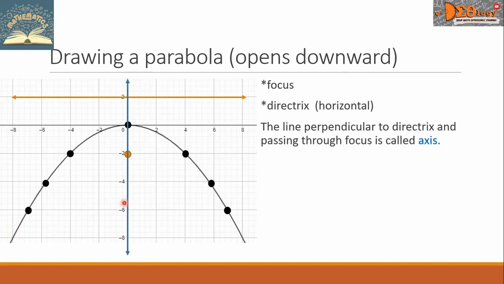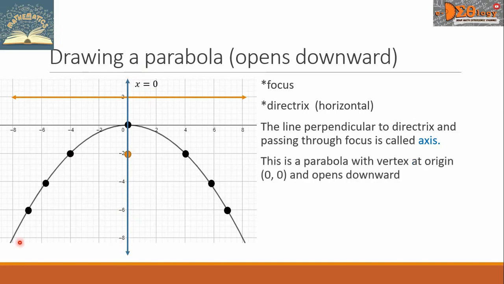And in this example, the axis is the y-axis itself. So we have this equation x equals 0 for the axis. This is now a parabola with vertex at the origin, that is 0, 0, and opens downward.